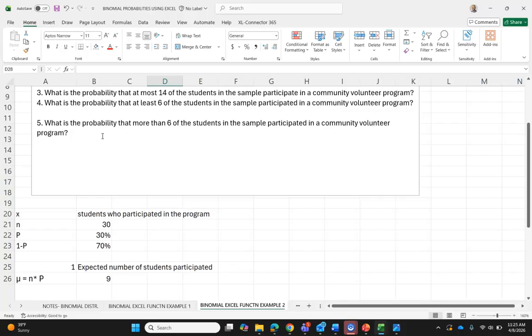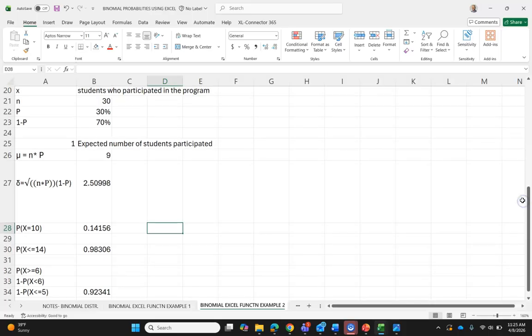So let's go here and try to work on the remaining question, which says, what is the probability that more than 6? So we need to write that probability of x such that x is more than 6, is greater than 6. So we need to change this to be either exact or less or equal.